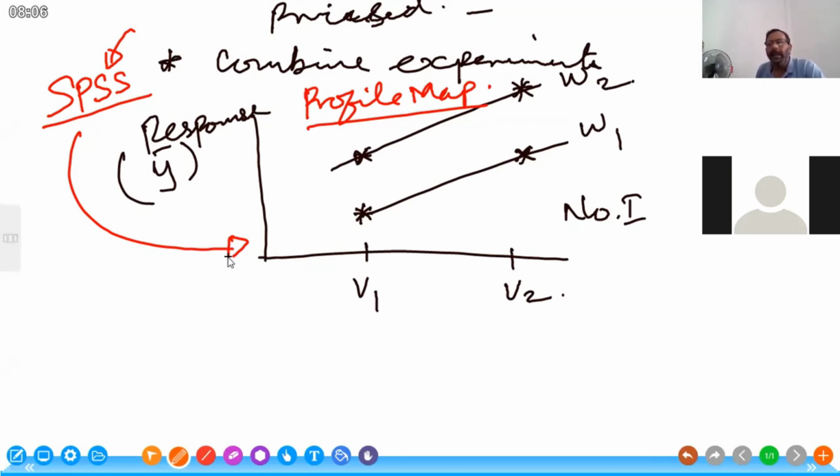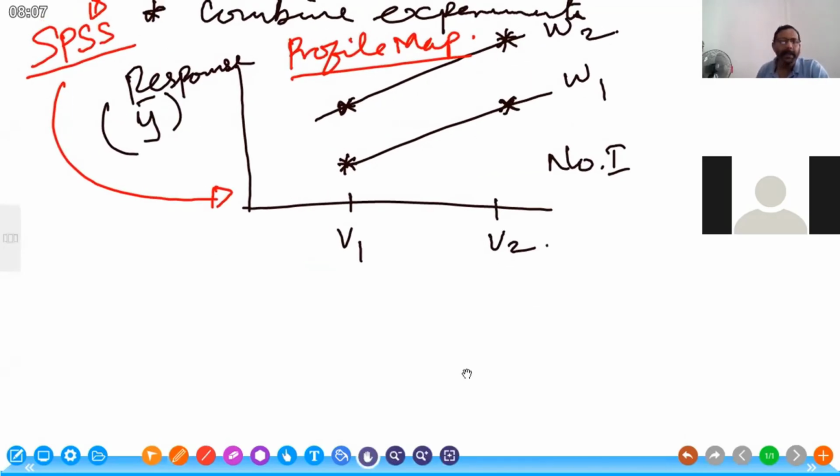SAS is a program where you have to write the commands. You have to type some of the commands, which is very difficult to remember. It is not easy to handle SAS, but it is more versatile. SPSS is more user-friendly, so we can do it very easily. If you want, maybe in the practical class, I will show you if necessary.